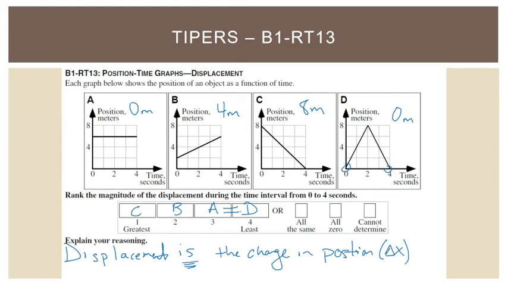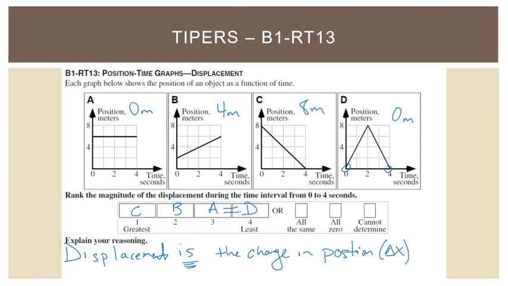And that's it. Reading and interpreting these graphs is not that complicated. You just have to remember what the graph is showing you and how the thing they're asking you for, in this case displacement, is related to the thing they're showing you. I'd like everybody to take a second, though, to consider an alternative version of this question.